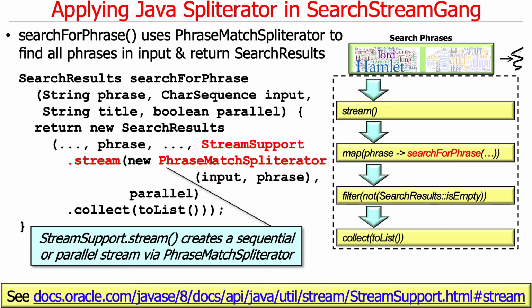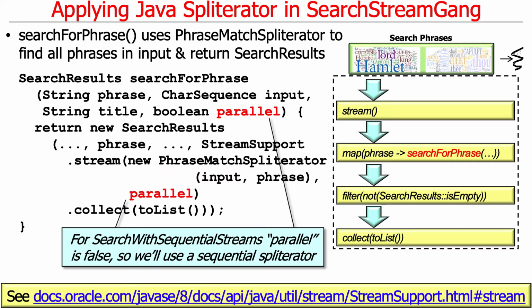The stream will be made by creating a splitterator, called PhraseMatchSpliterator, that we're going to look at in a second. It is given an input string corresponding to the work of Shakespeare and a given phrase, and it will make a stream of things that match. So we'll have a stream of these matching results, which are search results, and then we collect them all up into a list, and that gets stuck as the fifth parameter to search results.